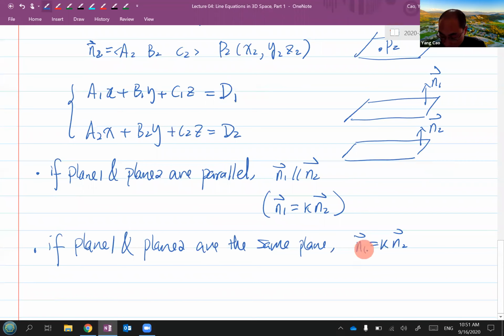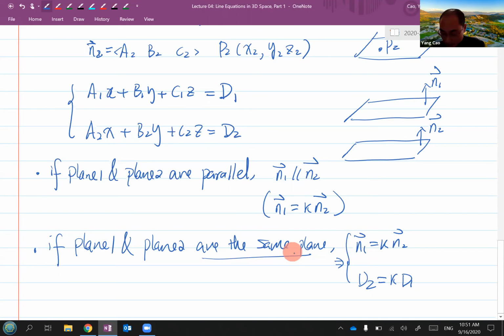At the same time, the number D2 should also be a scale of D1. If these two conditions are satisfied, then they are the same plane. So that's how you can tell whether the two given plane equations are the same plane or parallel or not.